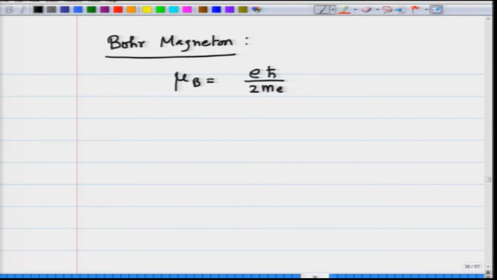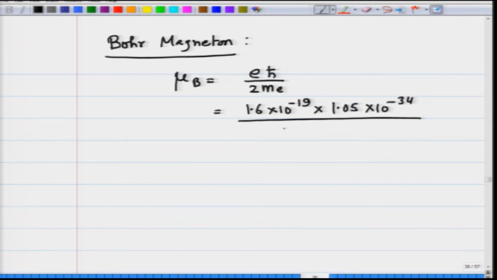Let us calculate its value. This is going to be 1.6 times 10 raised to minus 19, h cross is 1.05 times 10 raised to minus 34, divided by 2 times 9.1 times 10 raised to minus 31, and this comes out to be very close to 9.3 times 10 raised to minus 24.